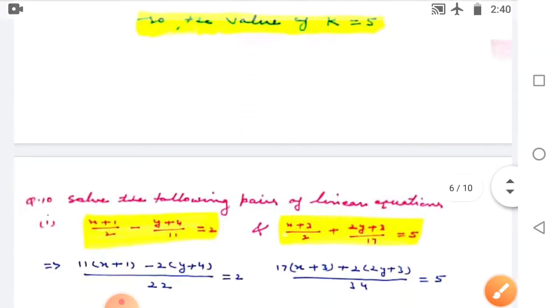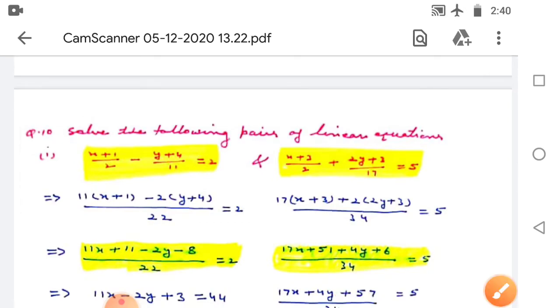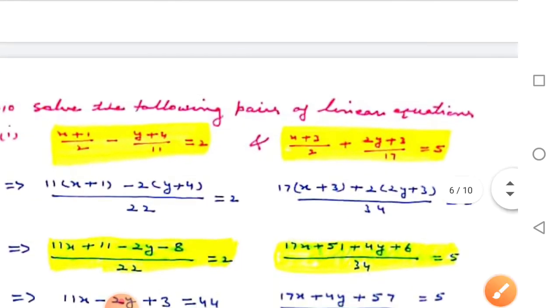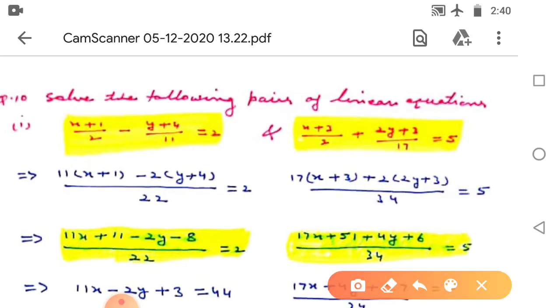Now come to question number 10 and the first part. The first part is: solve the following pair of linear equations. The first equation is (x plus 1) by 2 minus (y plus 4) by 11 is equal to 2.